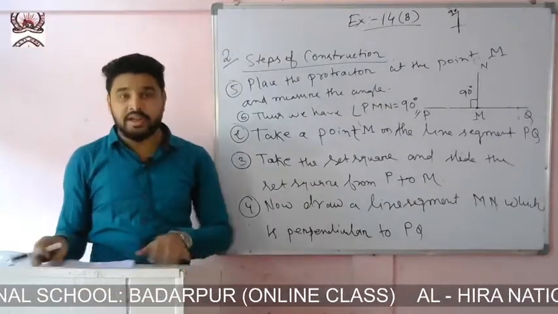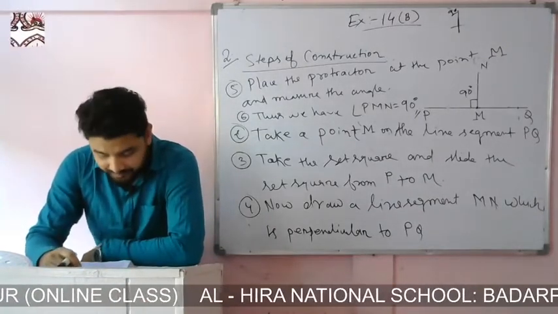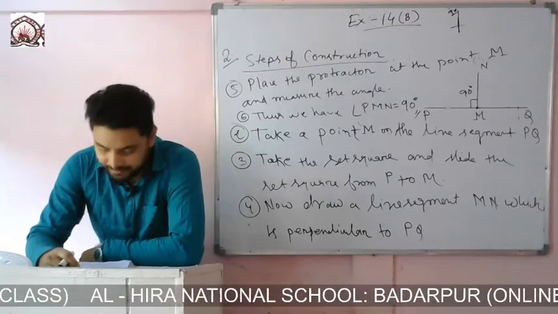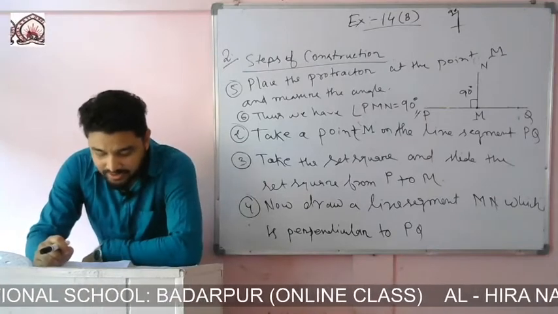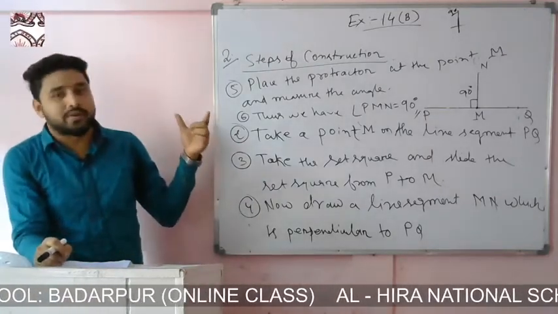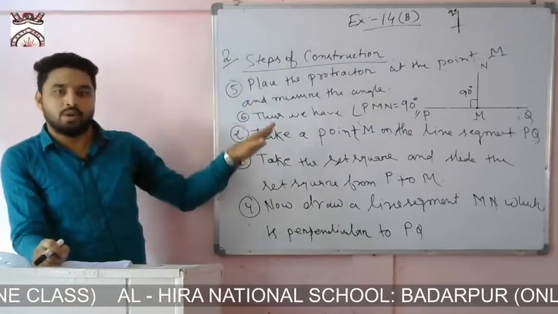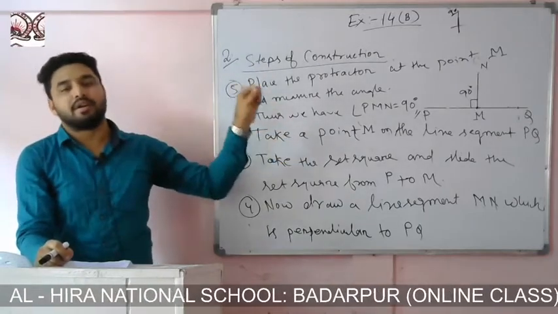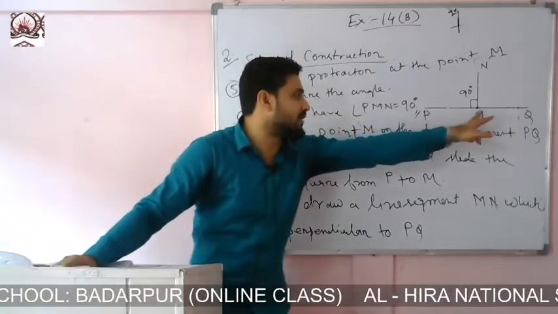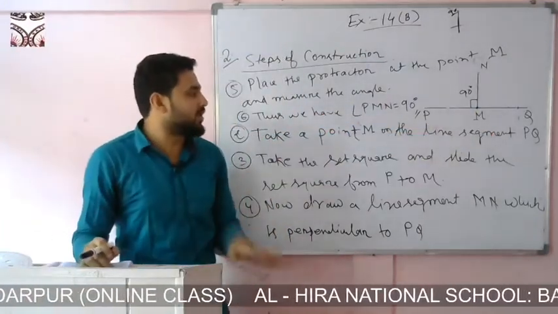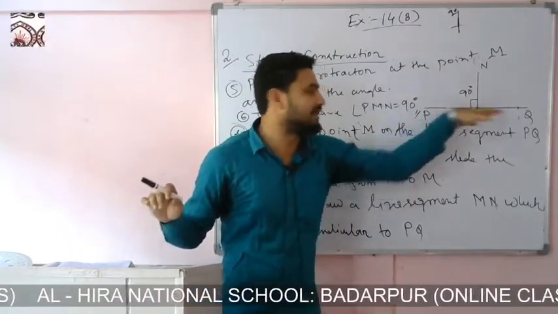Now come to question number 3. Draw a line LM and take a point P not lying on it. That means we have to take a point P outside the line segment LM. Before that, we had taken the point on the line segment, like M. Now in this question, we have to take a point which is not lying on the line segment.